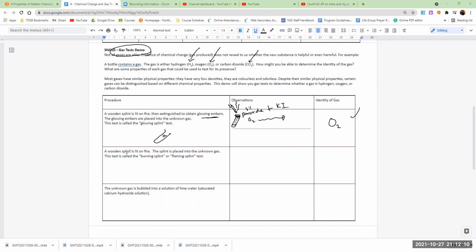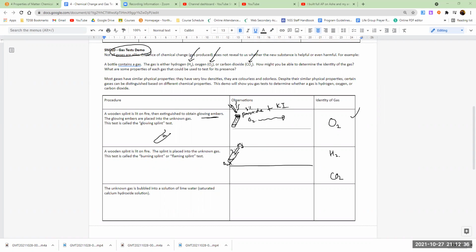Another test that we can do to confirm the gas is a burning splint test. So this actually confirms whether something is hydrogen gas or carbon dioxide, depending. So here was my hydrogen gas. I took the exact same thing as I did with the gas production earlier. I put magnesium inside acid solution.